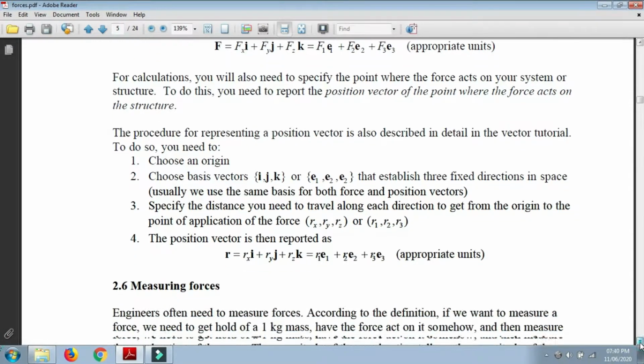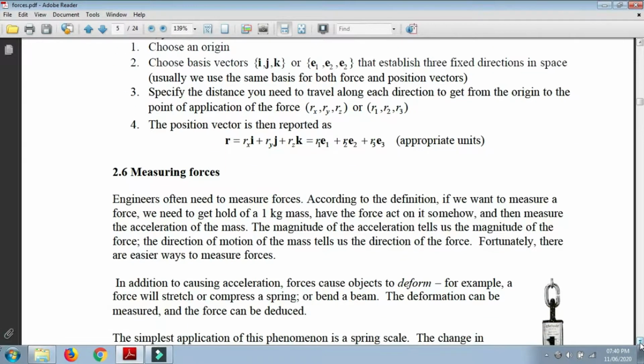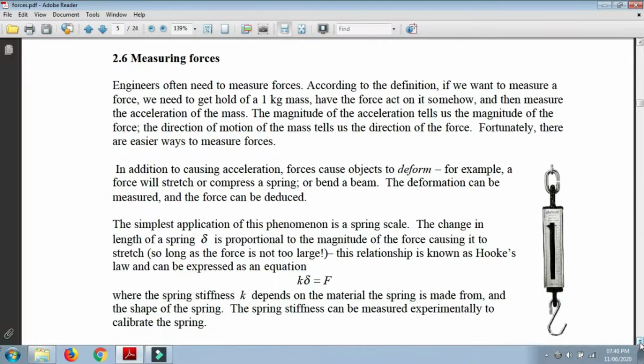Then we go ahead, measuring forces. Very important. How do you measure force in a real-world system? Engineers often need to measure force everywhere, so the most important question is how do you measure this force?